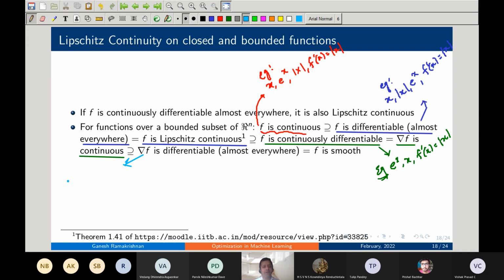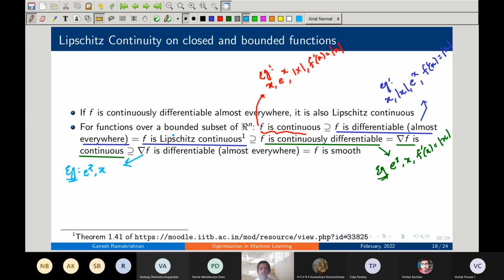So what are the examples? Well, e raised to x stands here as well. So does x, but we have lost absolute value of x. In fact, we can also drop f dash x as absolute value of x. And that is the same as saying that f is smooth.